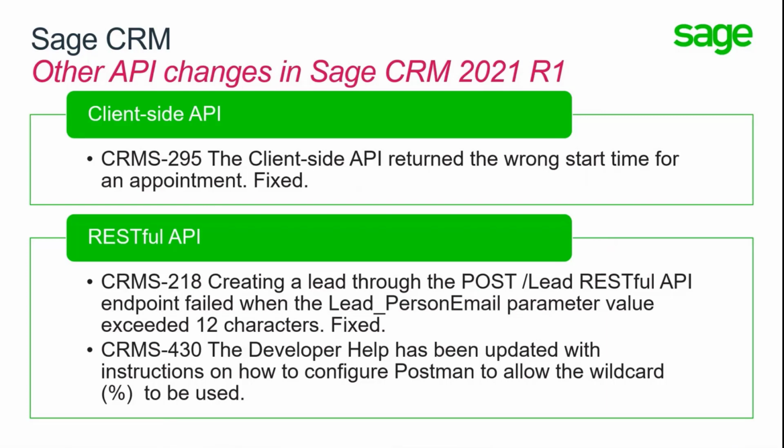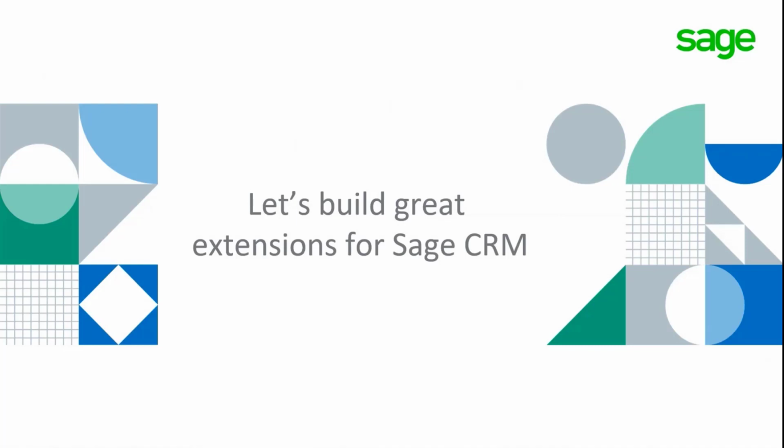And lastly, it's not really a bug, but we've updated the documentation to help developers who found that they were getting strange errors when trying to use wildcards as documented within the RESTful endpoints. Yes, so that's now allowed. Yeah, and as you're saying, that's all documented in more detail in the release notes, so don't forget to read those.